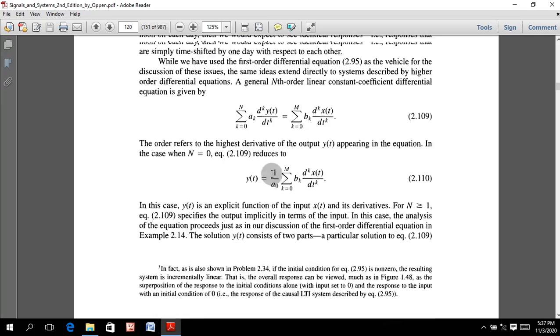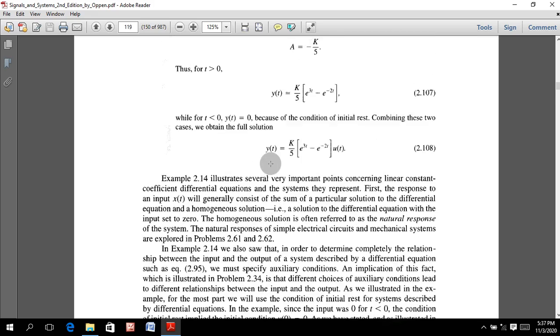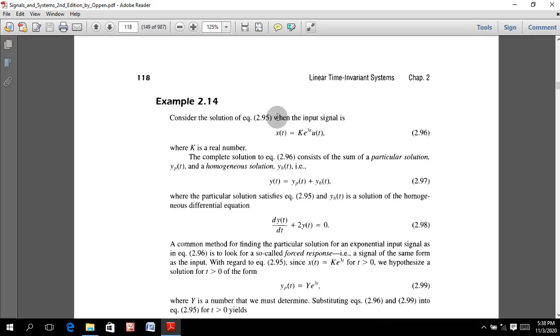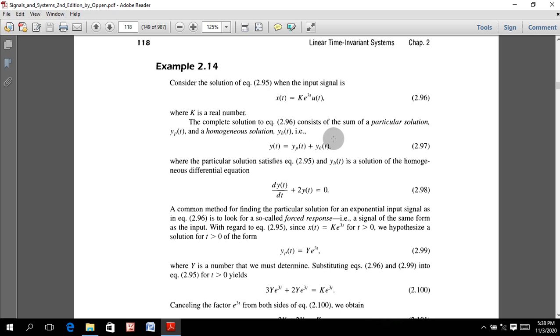The steps that we have taken here: first we realize the input signal. Next, we know the output signal will be the combination of the particular solution and the homogeneous solution. We know the first order system and its solution, and this is the homogeneous part.